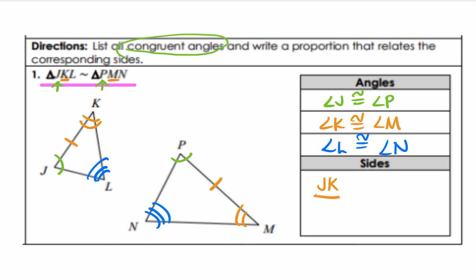Then we can move on to KL, which corresponds to MN. And the last one is JL, which corresponds to PN.